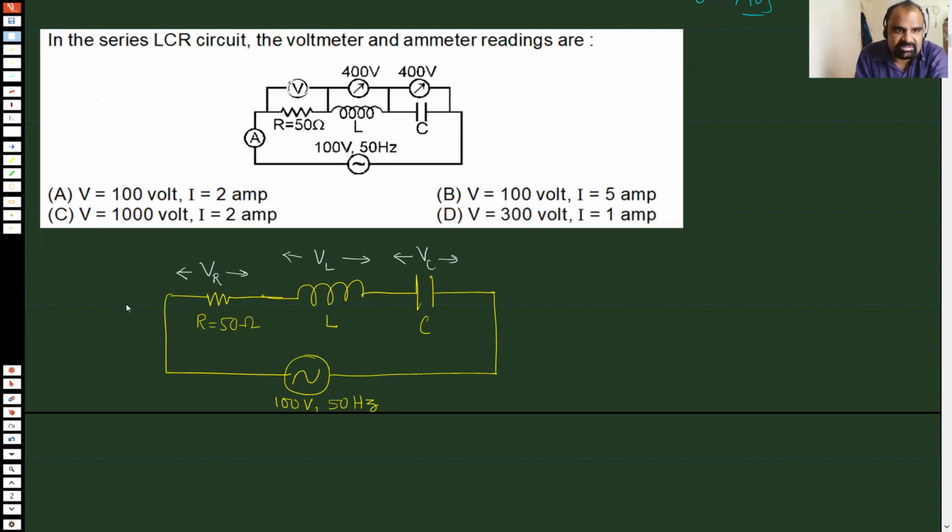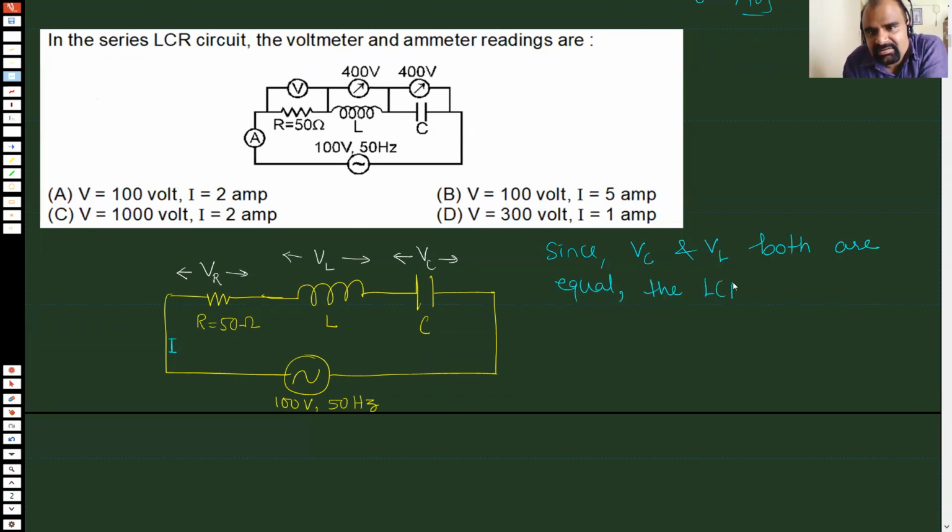And this is the current, which this ammeter will measure, and that also we have to find. Since VC and VL both are equal, the circuit is in resonance. The LCR circuit is in resonance.